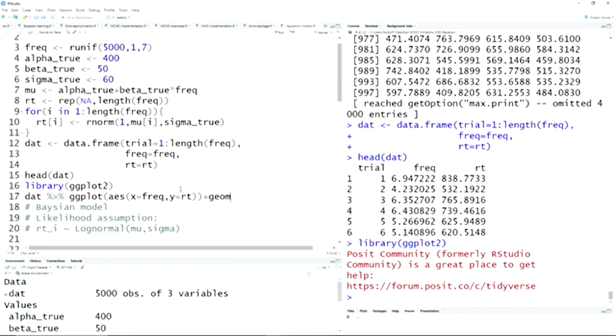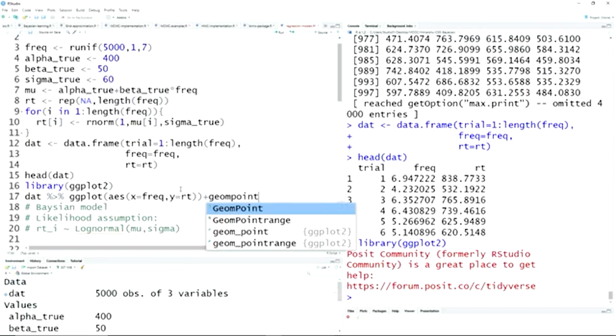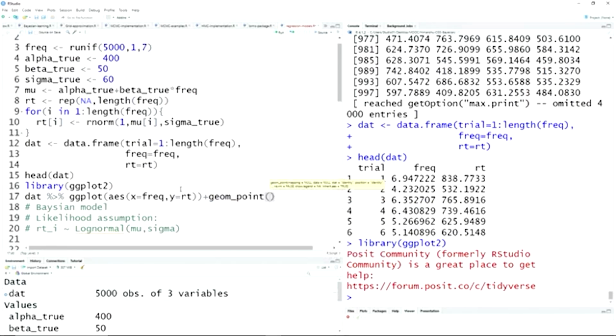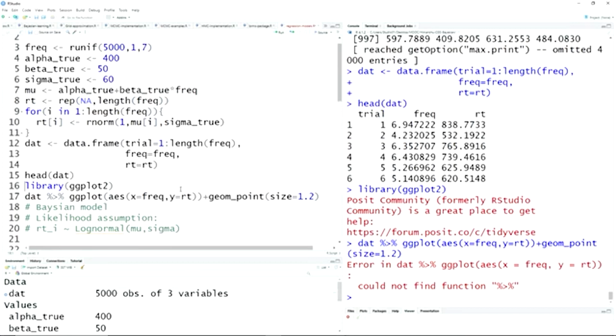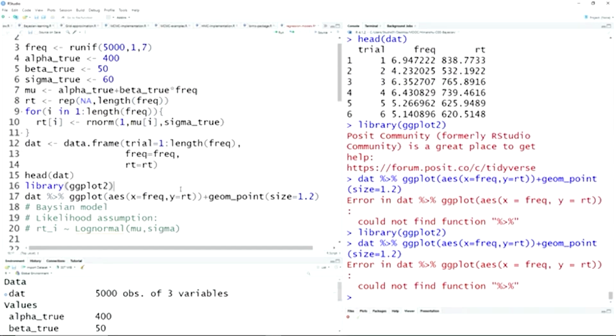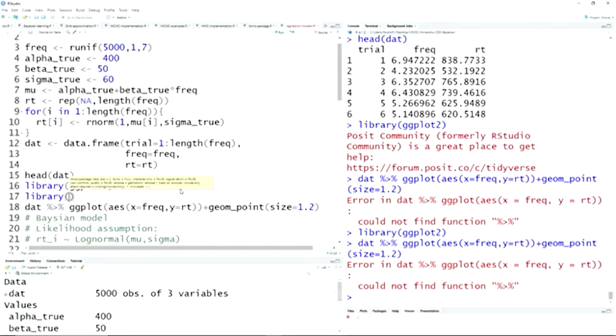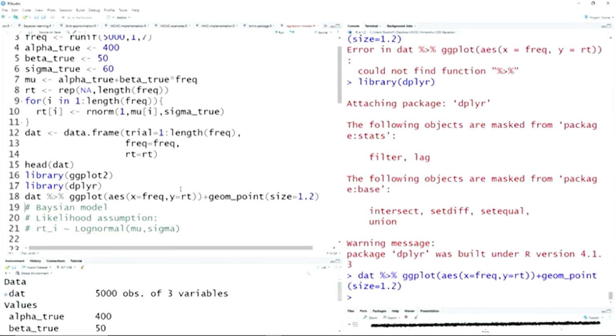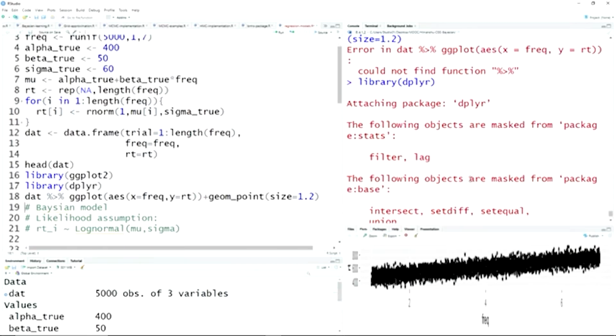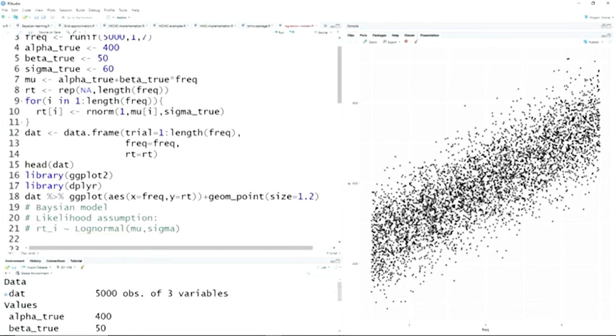Now I can do geom_point, with size equals 1.2 or so. Okay, so this is how this scatter plot looks.